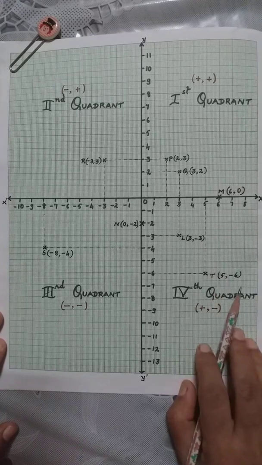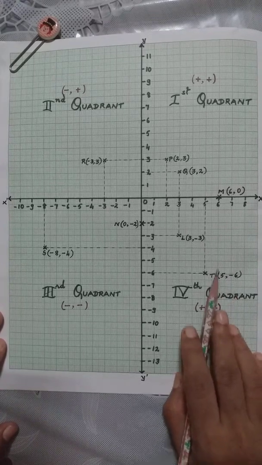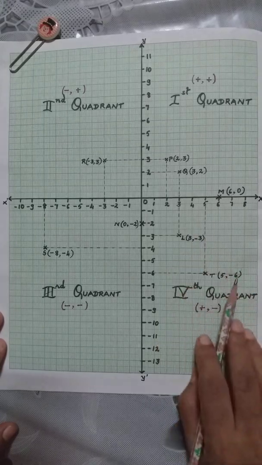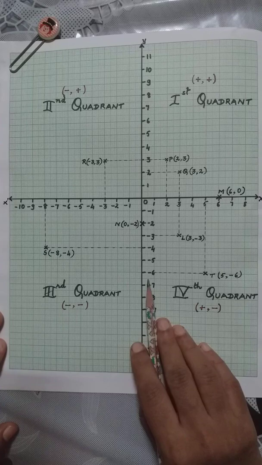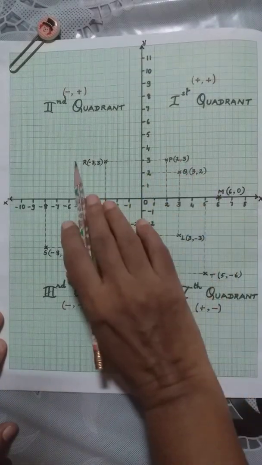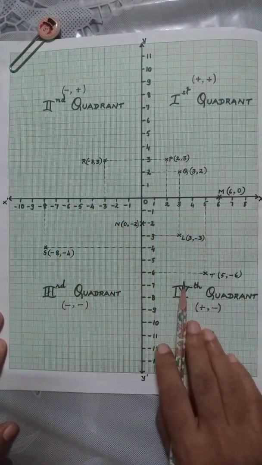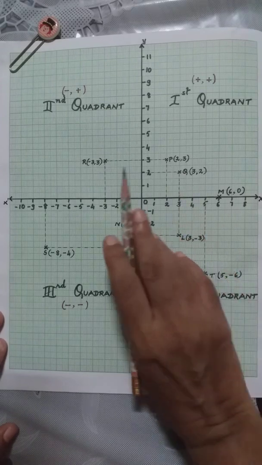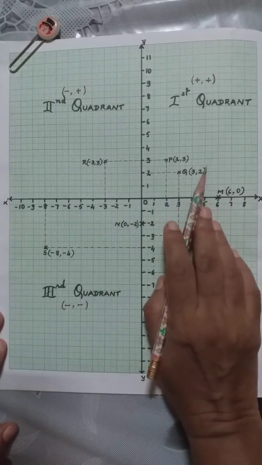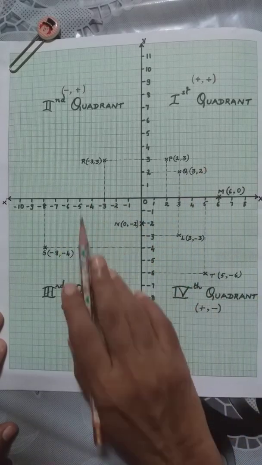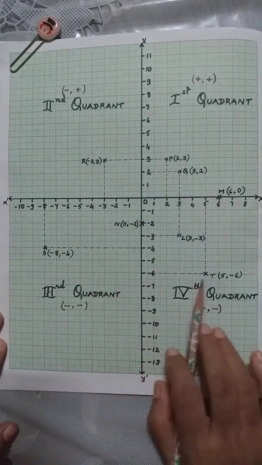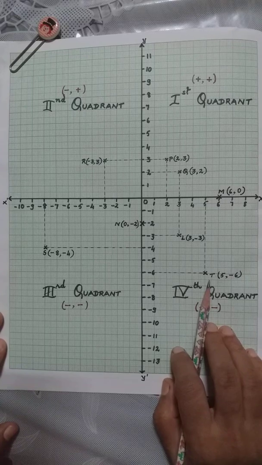One is positive, the other is negative. 5 corresponds to the x-axis, minus 6 corresponds to the y-axis. Okay, so now we have finished the signs of the coordinates of a point when it lies in the first, second, third or fourth quadrant.